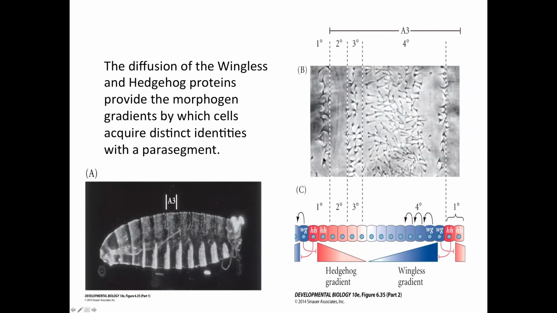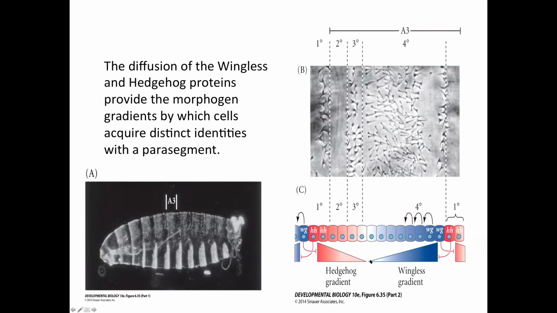In the screen, the denticle belts, all the different bristle phenotypes that were seen, the understanding of these different hair bristle patterns was that the phenotypes were actually an outcome of the segment polarity genes. So you can see here the wingless producing cell and a hedgehog producing cell, and their gradients.